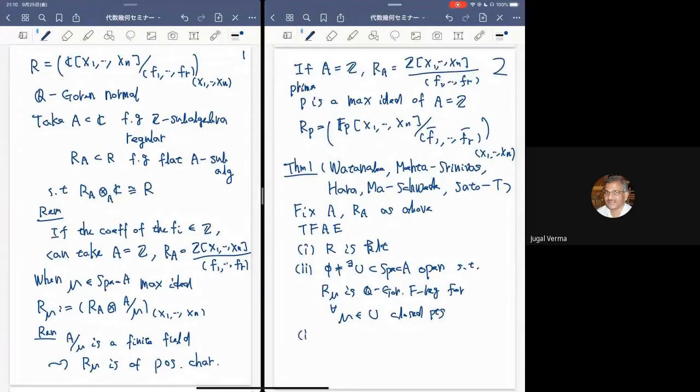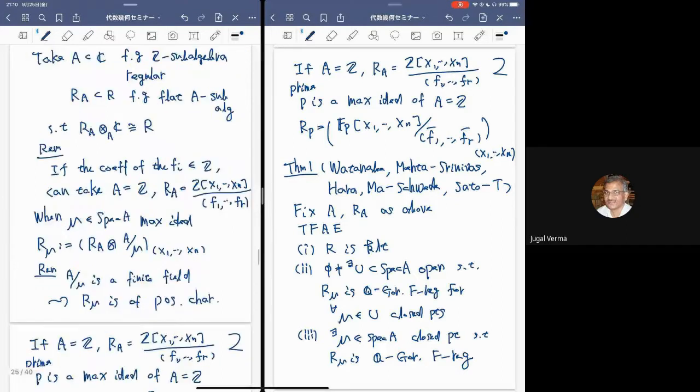And the third condition is that there exists one mu in Spec A, one maximal ideal, maybe a closed point, such that R_mu is Q-Gorenstein F-regular. So this is the statement of Theorem 1.